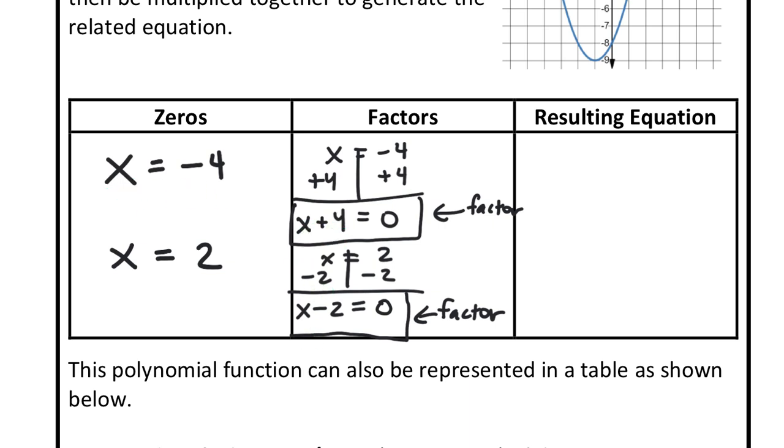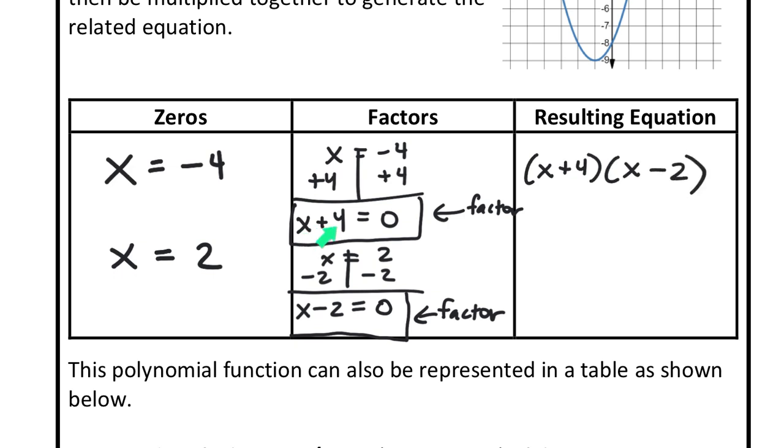So going from zeros to factors, right? The zeros are my x-intercepts on the graph up here above. Then I'm doing the opposite to get two factors. Then to get the resulting equation, I'm going to take those two factors, in this case, the parentheses x plus 4 and the x minus 2.